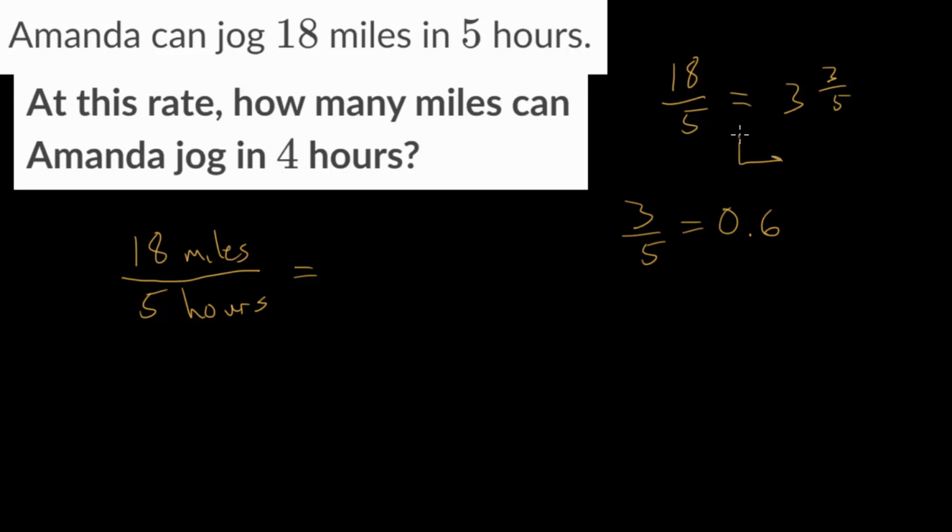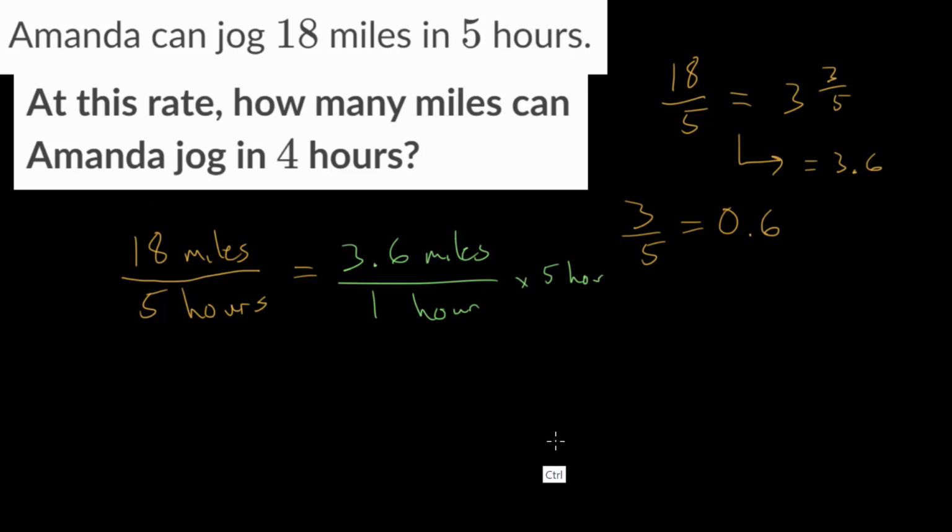So this 18 fifths is really 3 plus 0.6, or just 3.6. So now we can rewrite this as 3.6 miles in every 1 hour. And of course, you can test this. If you multiply this by 5 hours, then you will get back 18 miles.